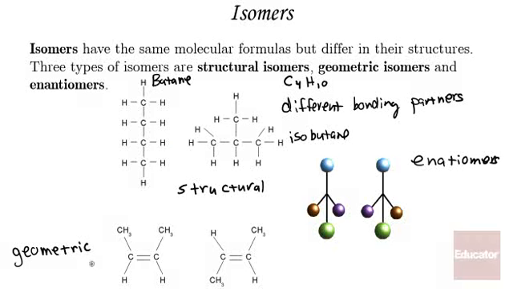Now let's look at geometric isomers. I take a look at these and I see that, okay, I have 1, 2, 3, 4 carbon atoms, 3, 6, 7, 8 hydrogen. C4H8. Over here, 1, 2, 3, 4 carbon, 3 hydrogen, 6, 7, 8. Same formula.